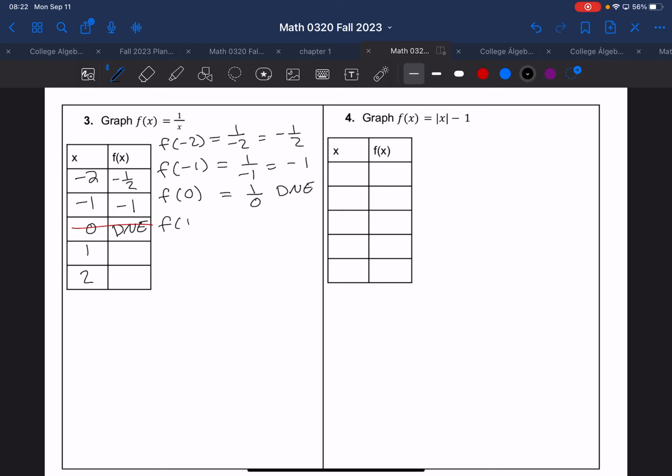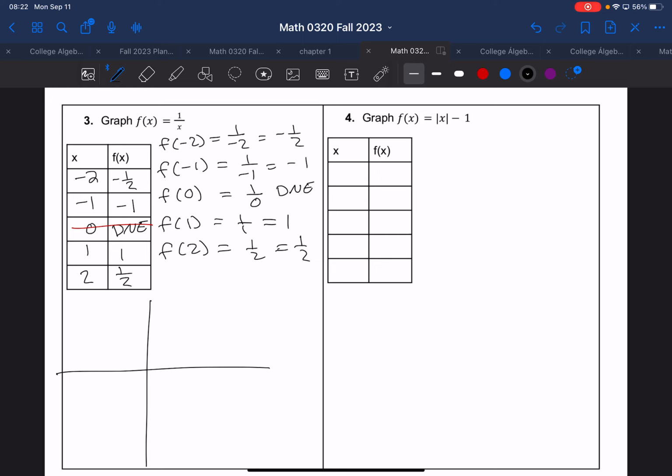Okay, so f of 1, we get 1 over 1, which is 1, and f of 2, 1 over 2, which is 1/2. Remember, when I'm graphing, it's better to have my fractions as decimals. So what is 1/2 as a decimal? 0.5.